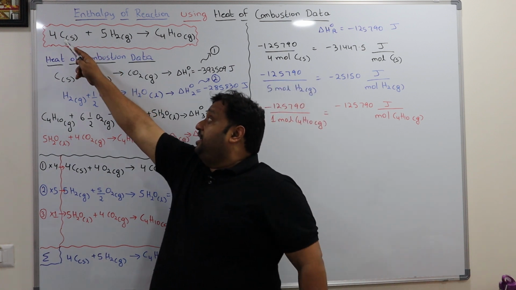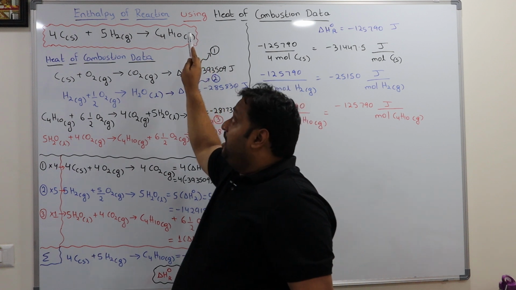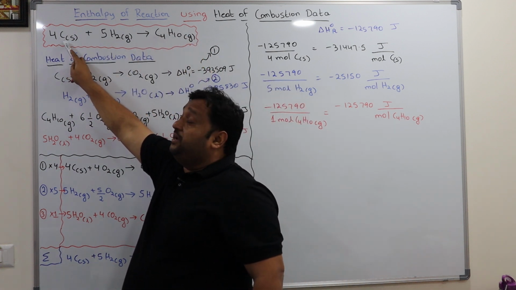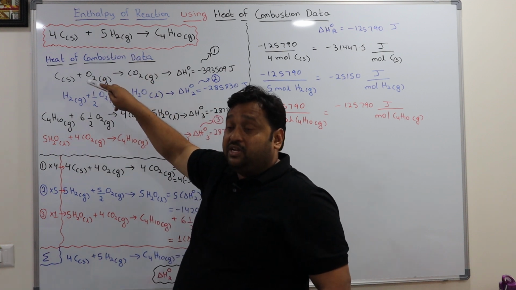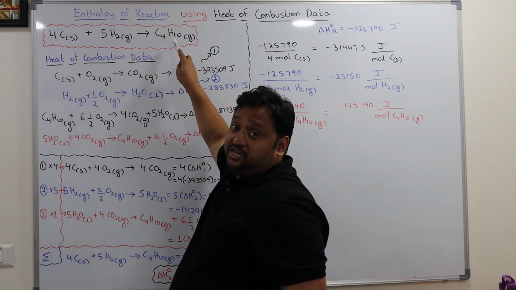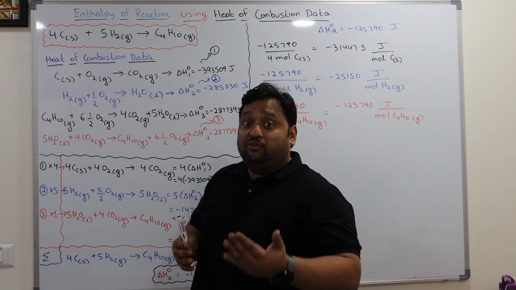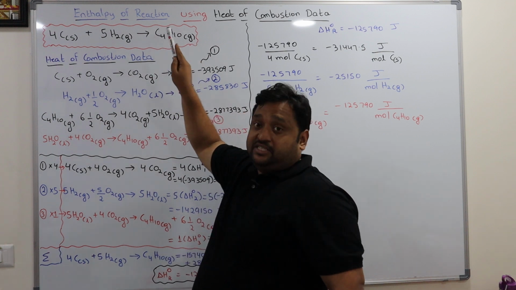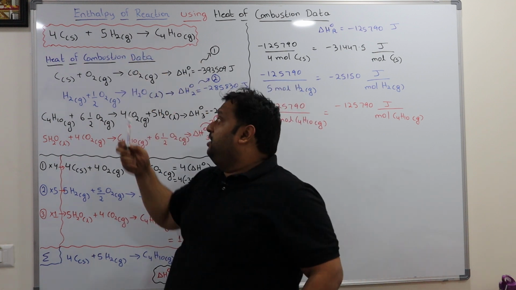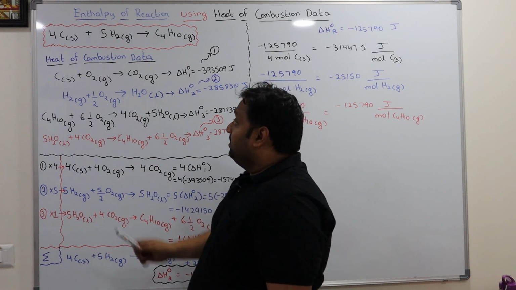So to find this heat of reaction, I have to find out how carbon is reacting with oxygen, how hydrogen is reacting with oxygen, and how the C4H10 molecule is reacting with oxygen. Once I have the heat of combustion data of carbon, hydrogen and C4H10, we can find the enthalpy of reaction. Let us proceed.